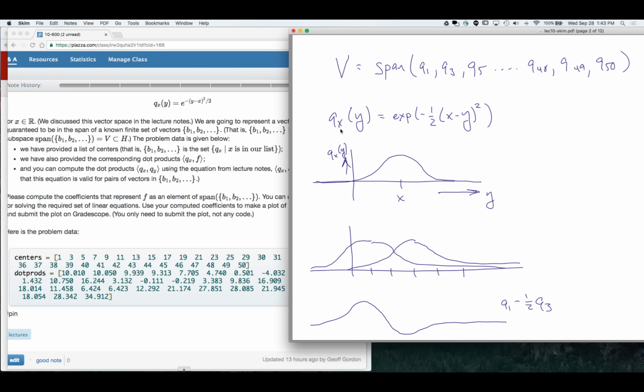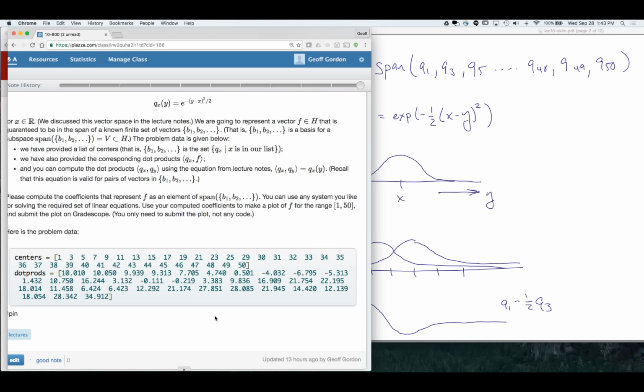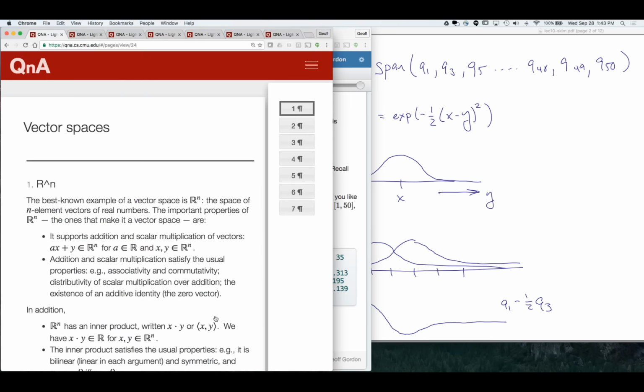And so the subscript of q is just where along the horizontal axis is the center of this bump. So each of the bi's is an example of a qx, but i and x are not equal. All right, so going back now to the lecture notes.